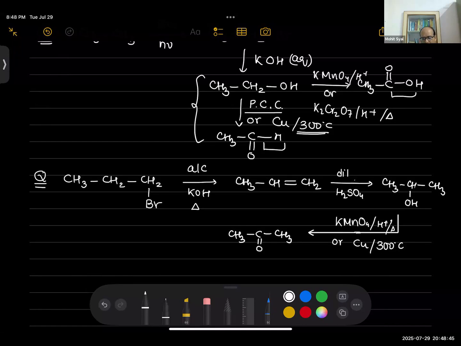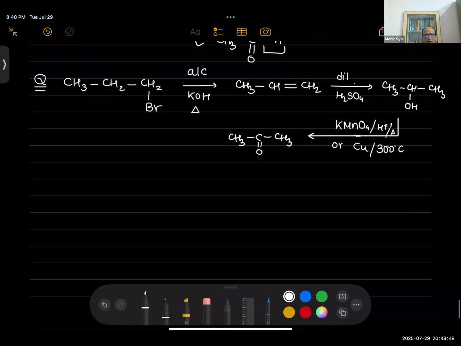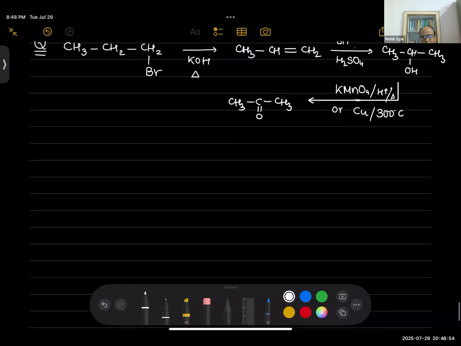So I hope this is clear to everyone. This was the oxidation of alcohol. Now let's move to the reactions of phenol, which may include oxidation and reduction. We have seen preparation of alcohols and preparation of phenols.